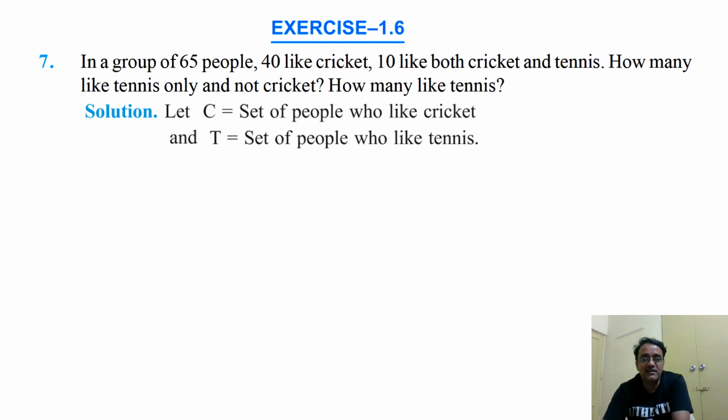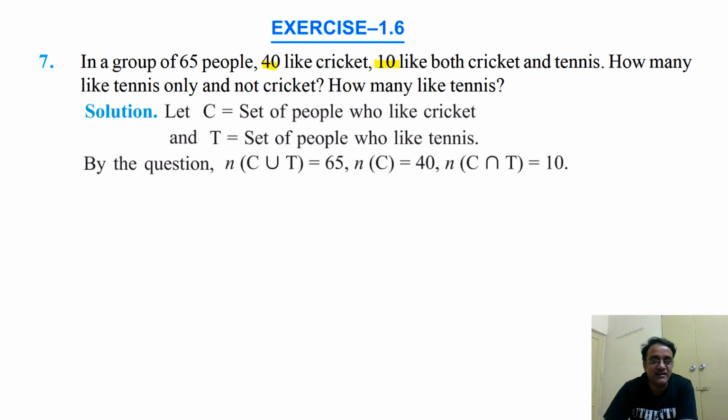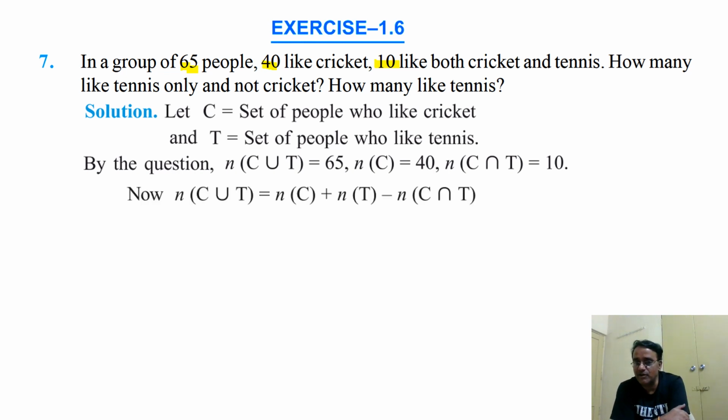First N of C is given, and N of C intersection T is given, and union is also given, that is 65 people, and we have to find first N of T, right? So first we'll write the formula and we'll substitute the corresponding values.